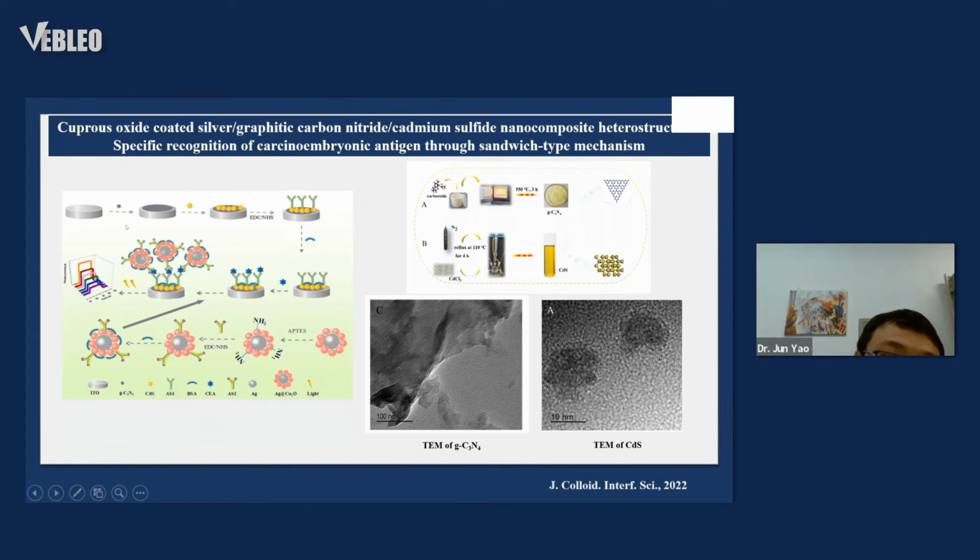This scheme is the construction process of the sensor and the probe mechanism.